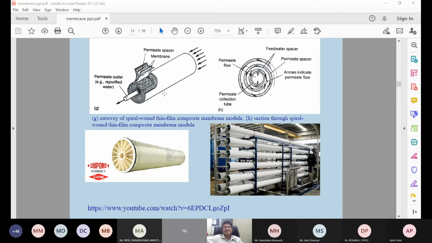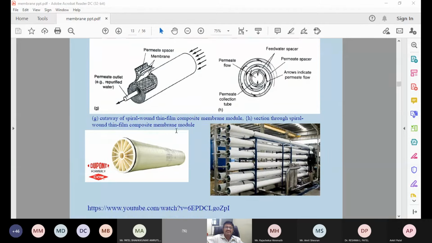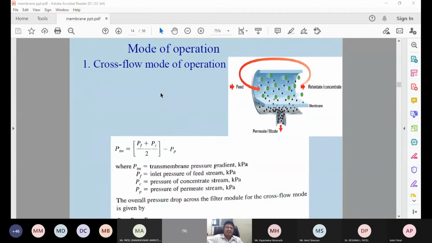So this is how these modules are. Now the mode of operation of these membranes can be cross flow mode of operation. Generally it is a cross flow mode of operation. Cross flow mode of operation means the feed is flowing like this, and then it is passing through the membrane.